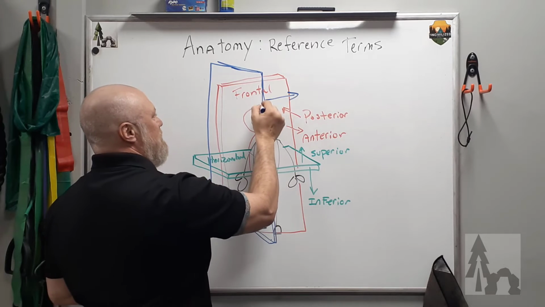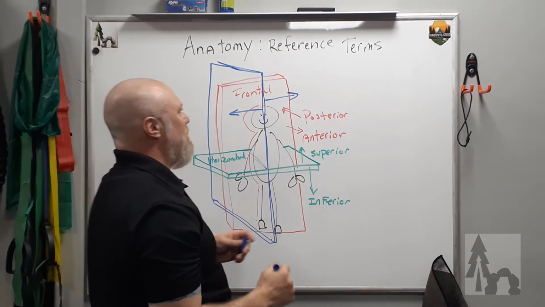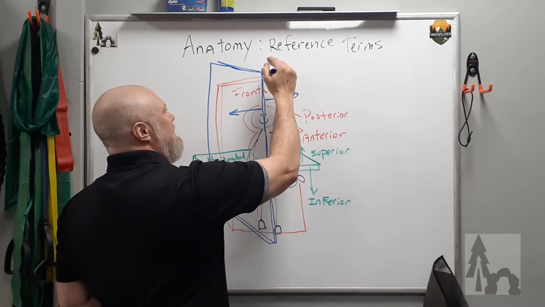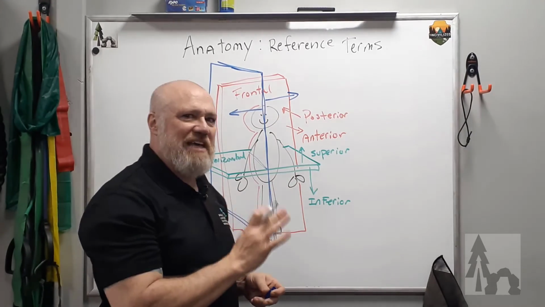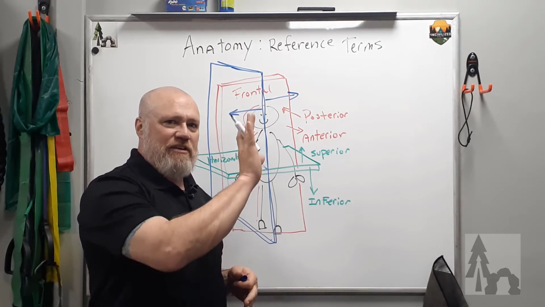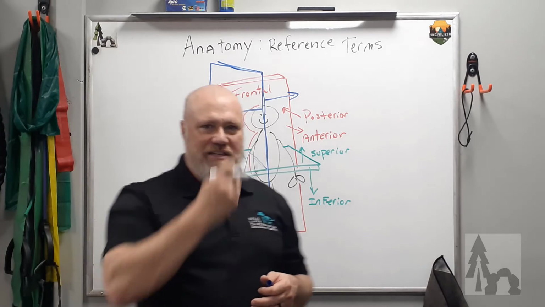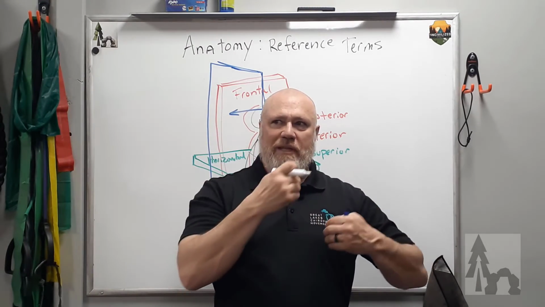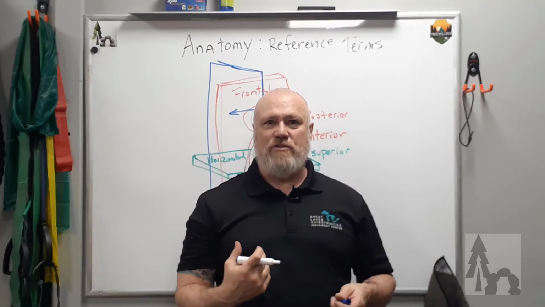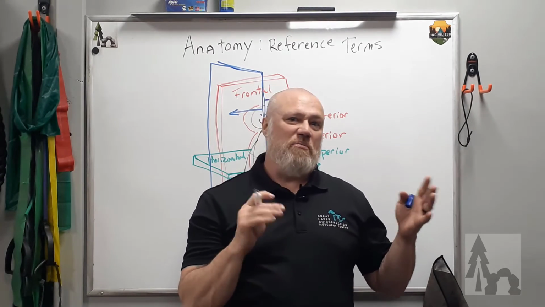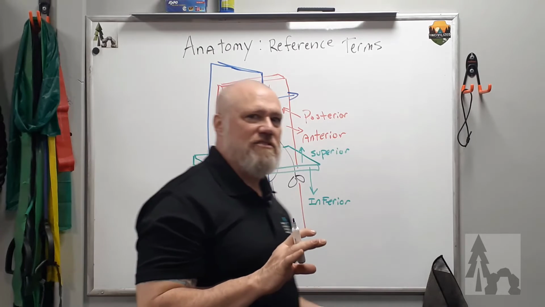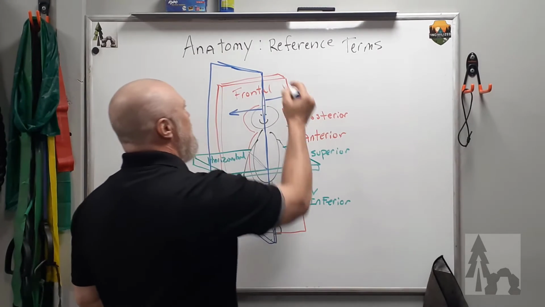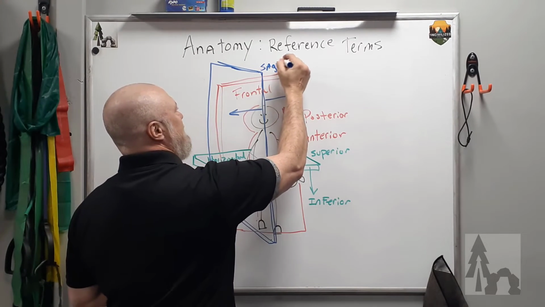Okay, so this plane is going to be called the sagittal plane. There's one mid-sagittal plane that's technically at the exact center of the human body. That's the mid-sagittal plane. And then any other sagittal planes next to this are going to be parasagittal planes. Okay, so we're going to skip mid and parallel to the mid. We'll just call this the sagittal plane.